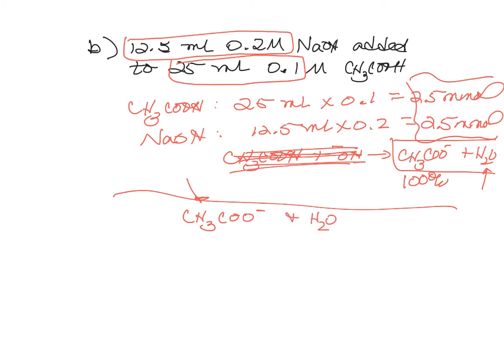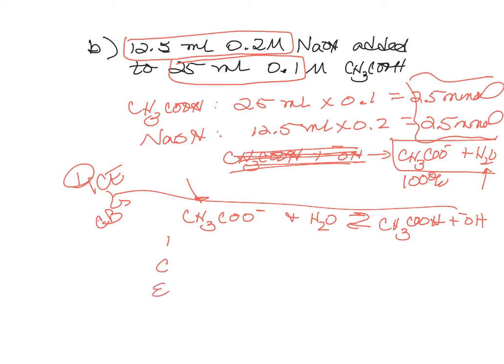You would use an ice table. So at the equivalence point, you set up an ice table of the conjugate base. Right? Ice table now. You're in concentrations, not moles.